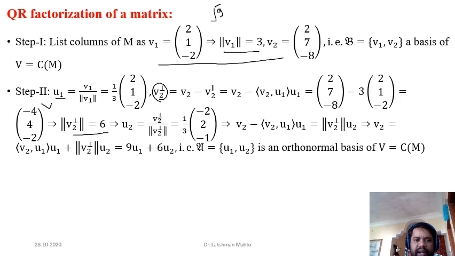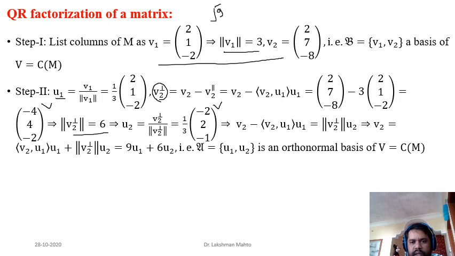That means we divide by the norm of V2 perp, which is 6. Taking 2 common, 2 by 6 means 1 by 3, and minus 2, 2, 1. So this one is your second orthonormal vector. So you got u1, you got u2.